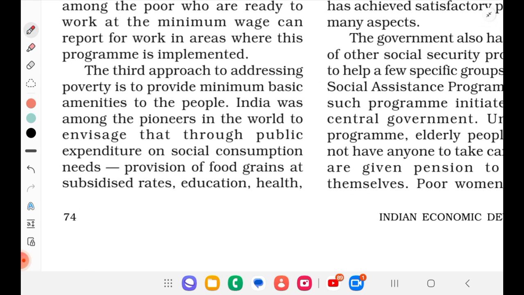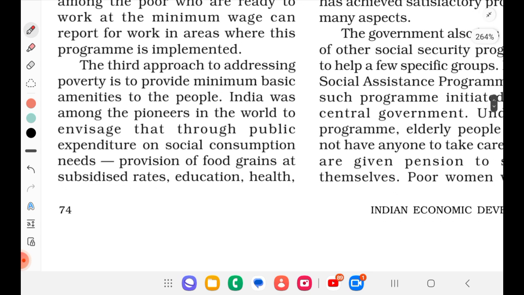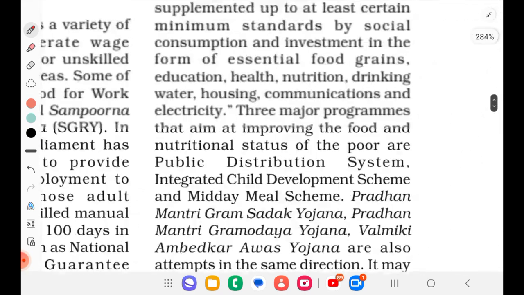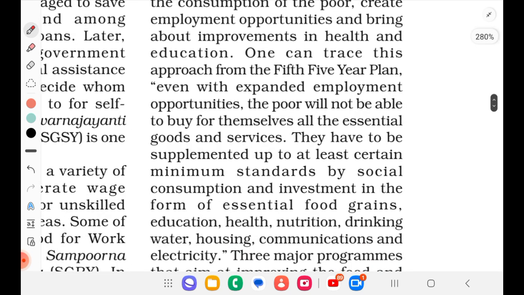India was among the pioneers in the world to envisage that through public expenditure and social consumption needs, provision of food grains at subsidized rates, education, health, water supply and sanitation, people's living standard could be improved. Programs under this approach are expected to supplement the consumption of the poor, create consumption opportunity and bring about improvement in health and education. One can trace this approach from the fifth five-year plan.